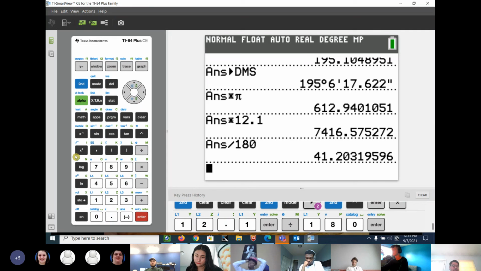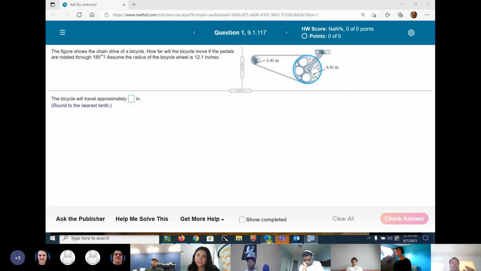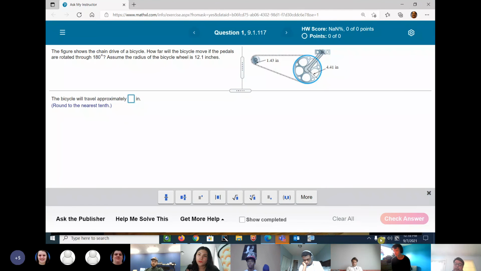And that tire is going to turn 41.2 inches. So let's see what they want us to round it to. 41.2 inches. And we should feel good about ourselves.